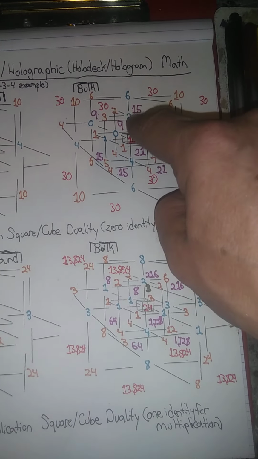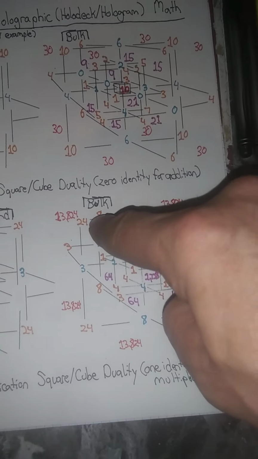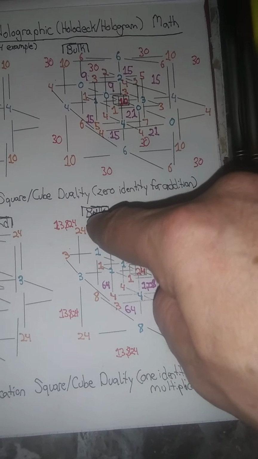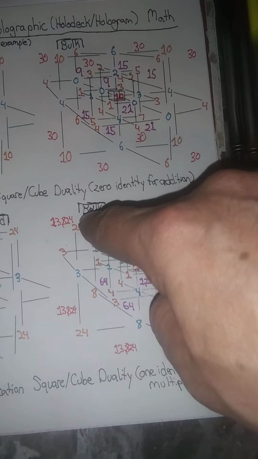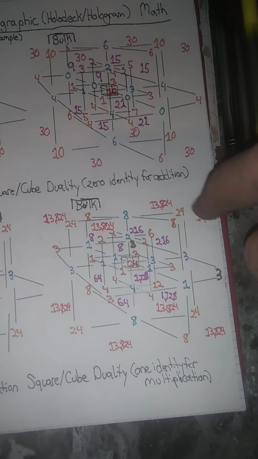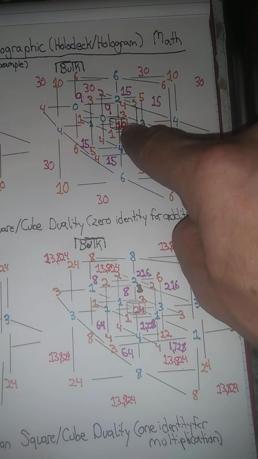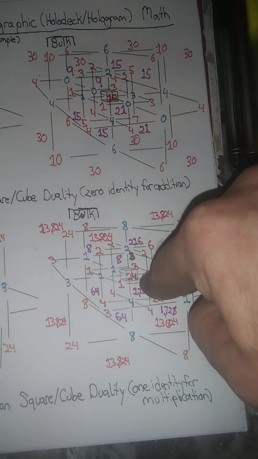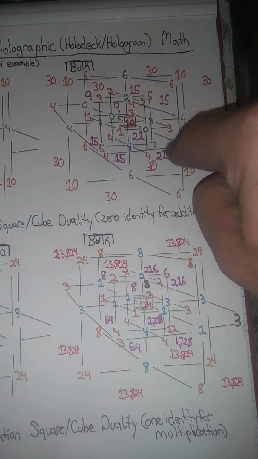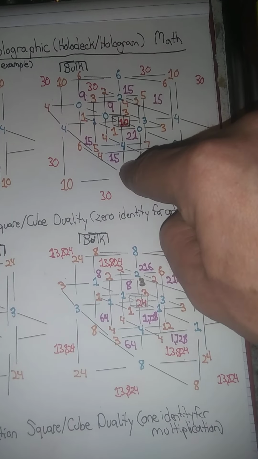30 for the addition and 13,824 for the multiplication. And again, these are the inner hologram numbers, 10 for addition, 24 for multiplication. The purple numbers are the holodeck, the inner holodeck.